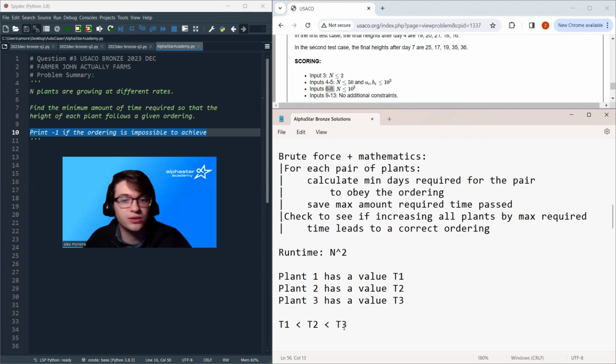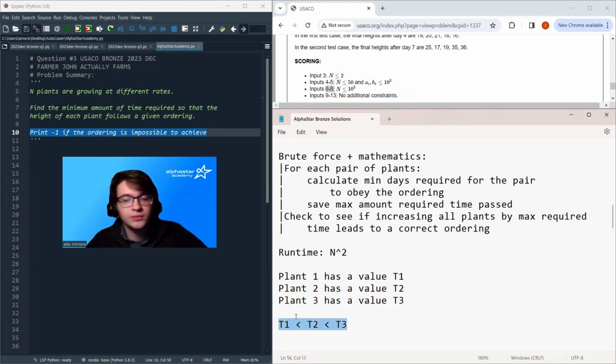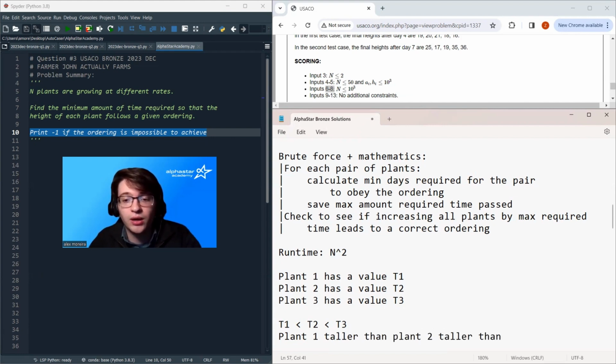This is a special case. This isn't guaranteed by any means, but let's just suppose that this is true. If this is true, that means plant 1 must be taller than plant 2, which has to be taller than plant 3.